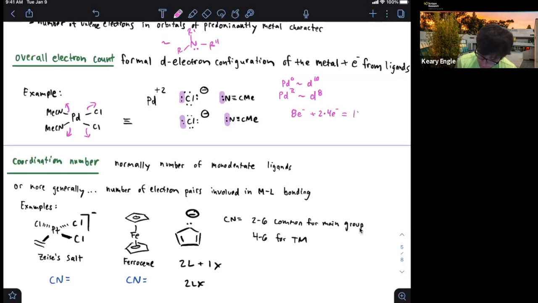That will give us an overall electron count of 16. And immediately you'll say, wait, but we just learned about this 18 electron rule. Well, it turns out one exception to the 18 electron rule is d8 metals, which prefer to be square planar and are stable at 16 electrons.